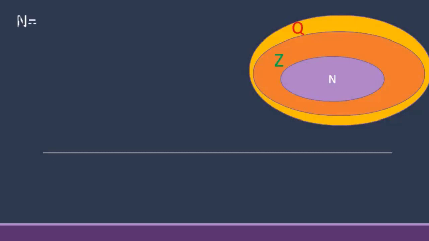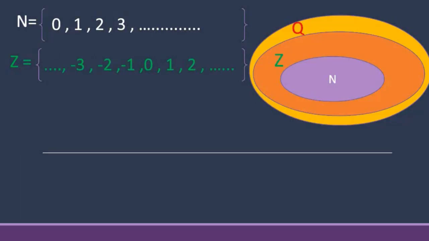The natural numbers are 0, 1, 2, 3, and so on. The integer numbers are 0, at the right of 0: 1, 2, 3, and so on; at the left of 0: negative 1, negative 2, negative 3, and so on.